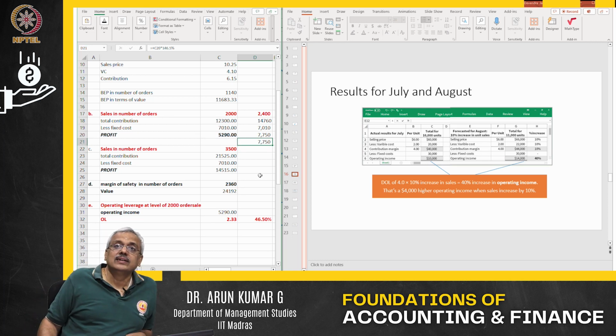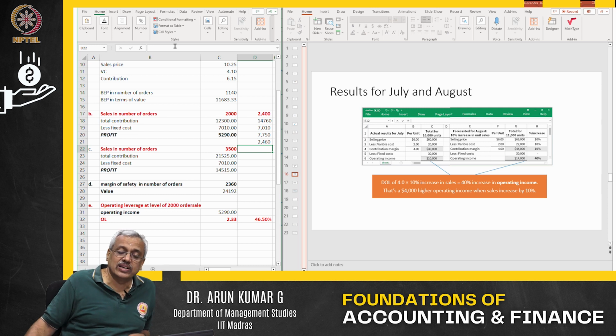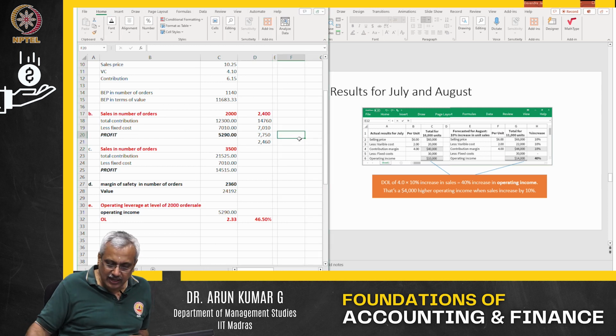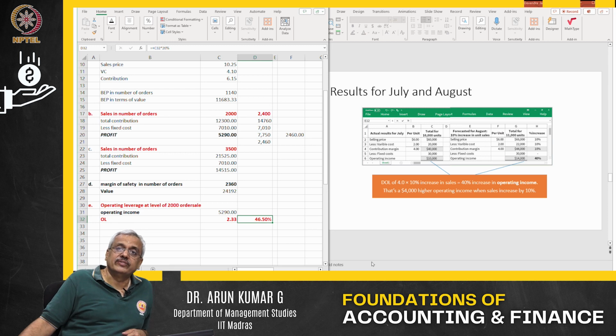Multiply it by 46.50%, that is 26,460 is your profit increase. The difference between these two shows your profit has increased by exactly the same amount. That is what your degree of operating leverage gives you.